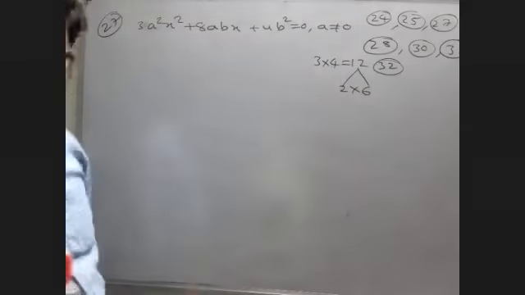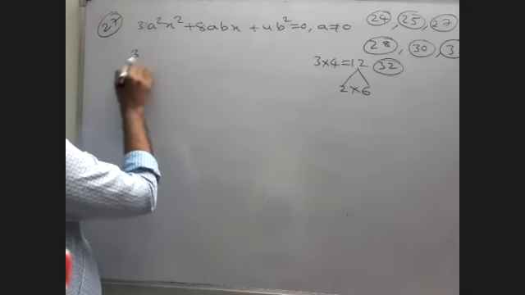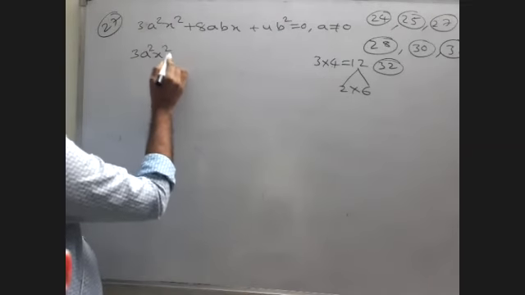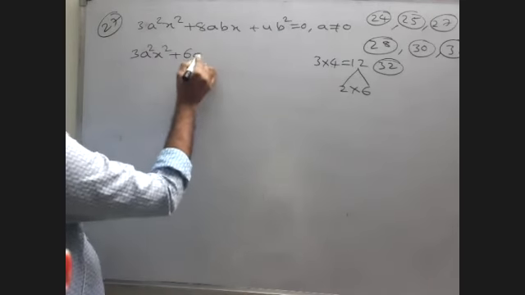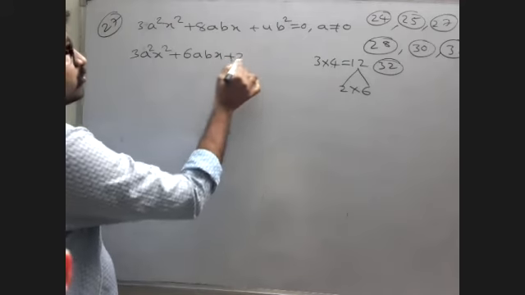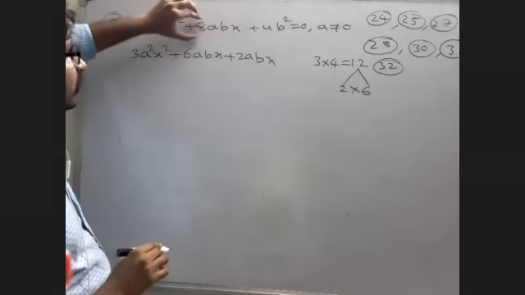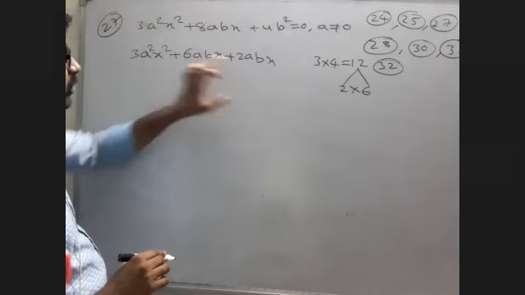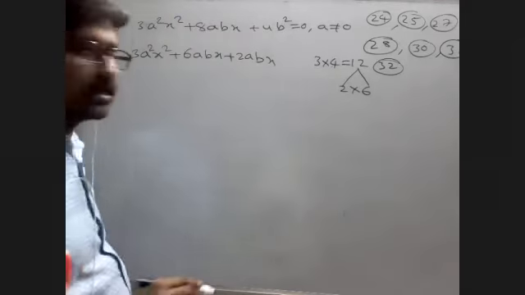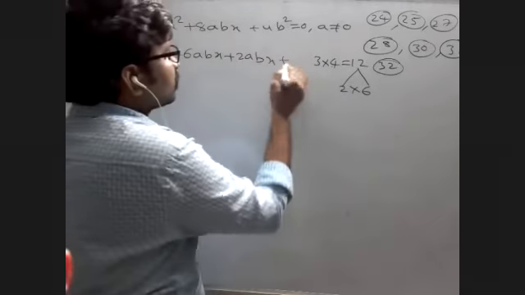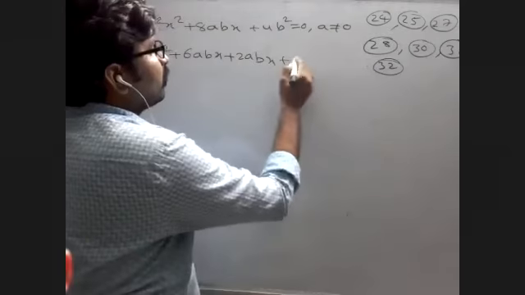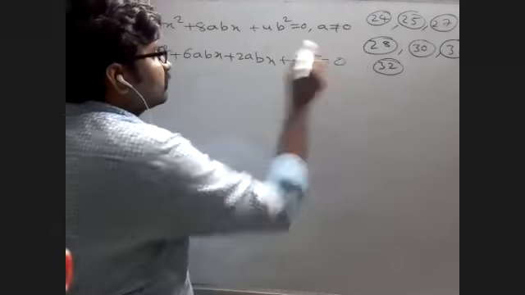So taking these 2 roots we can solve, that is 3a square x square plus 6abx plus 2abx. We are writing abx here, we have 8 times, we are writing 6 times plus 2 times, again 8abx, and plus 4b square is equal to 0.